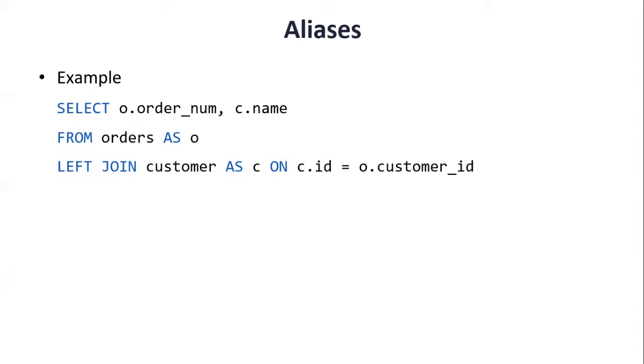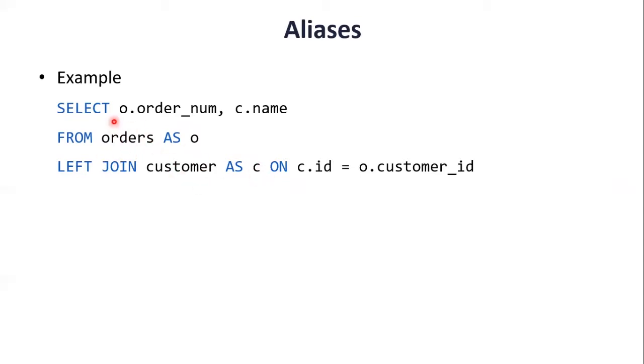Since it tends to be a long query, we can shorten that by using aliases. Here we have provided an alias for the orders table as o, and another alias for the customer table as c. Now we can use these aliases instead of the original names orders and customer.